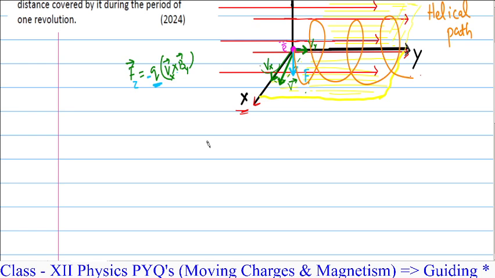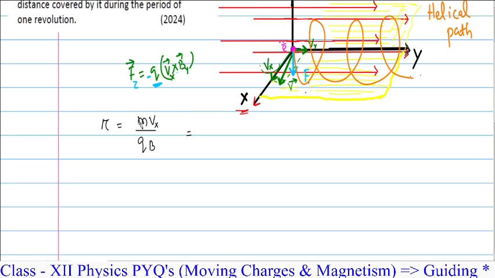We equate it with the magnetic force due to the magnetic field, and after that we get the formula for radius: r equal to mv upon qB. We're taking magnitudes, so taking the magnitude of the charge of the electron. This v should be taken as the perpendicular component, that means it should be vx over here.